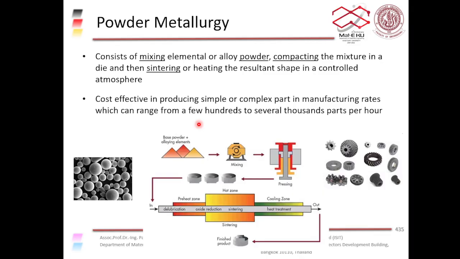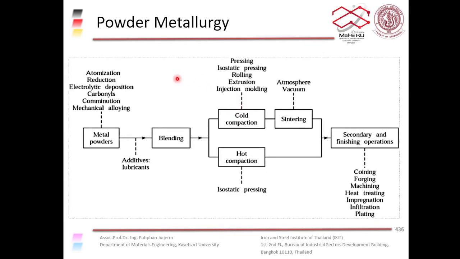You can produce a small number of parts or a large number of parts, because we are using powder that is either elemental powder like powders of zinc, copper, iron, chromium, etc., or we can use powder of alloys as well.